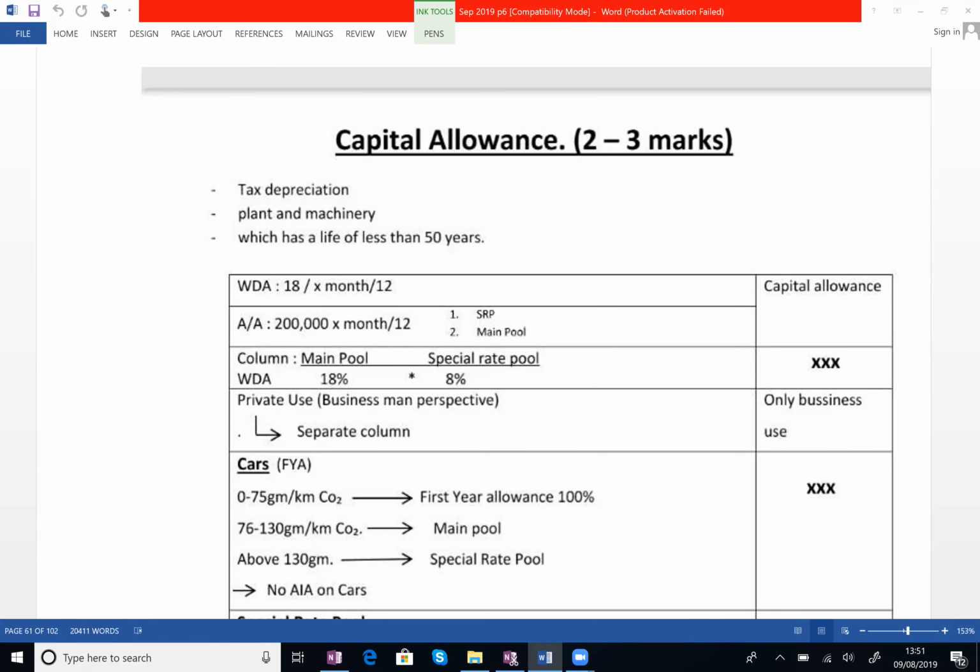So how to apply the capital allowance? You can see the table below. First column is WDA. WDA means written down allowance, 18%.